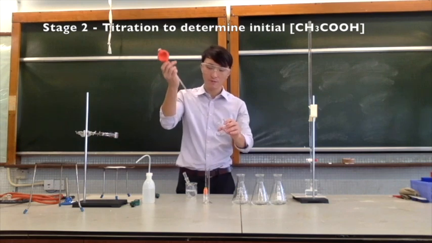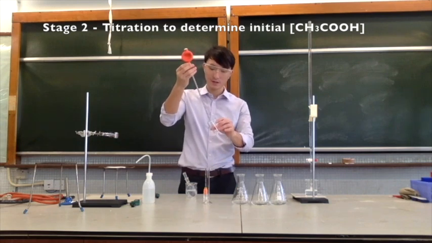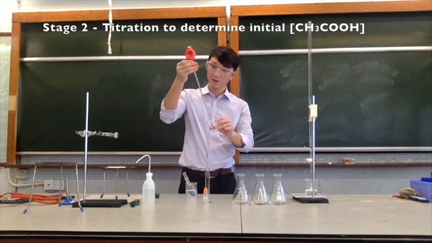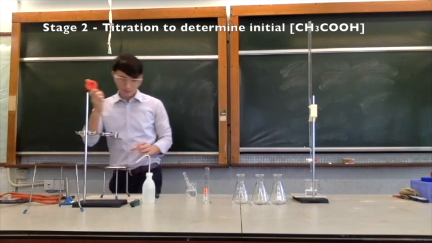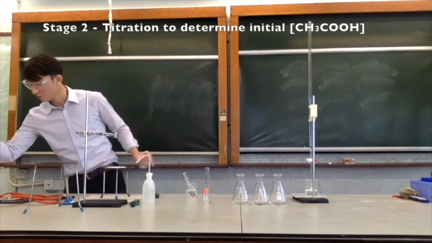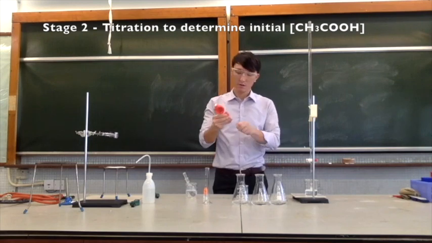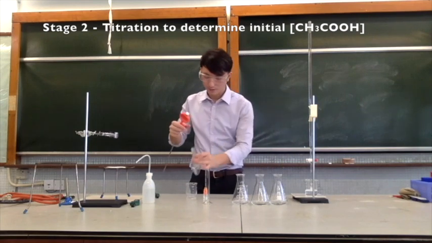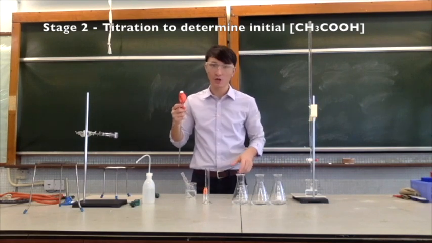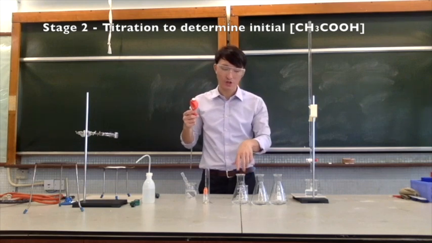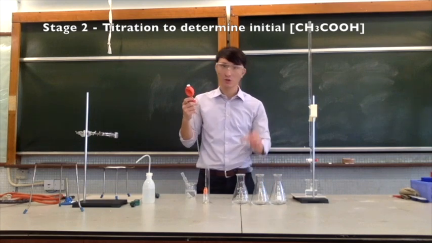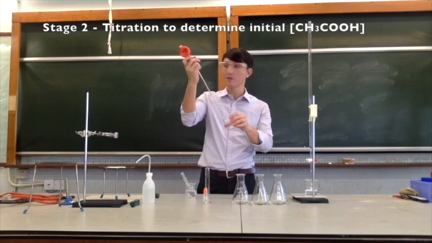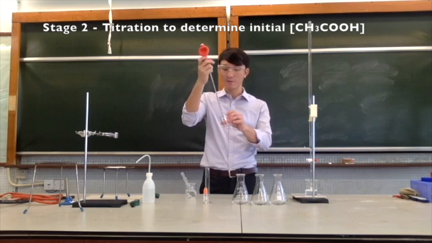Also pour a small proportion to clean the pipette. Now in fact, we only need altogether 3 ml of the mixture for the titration. So do not pour too much out, otherwise you may not have enough mixture.